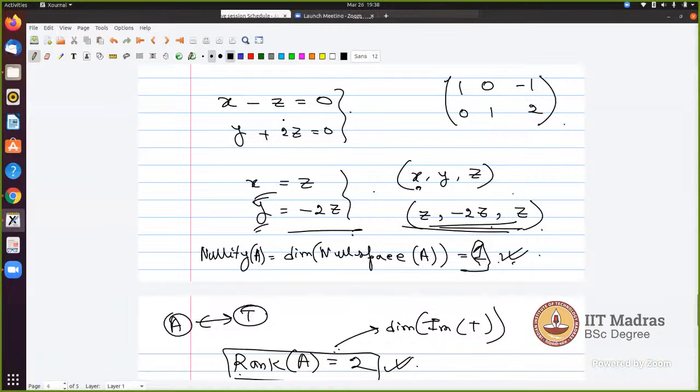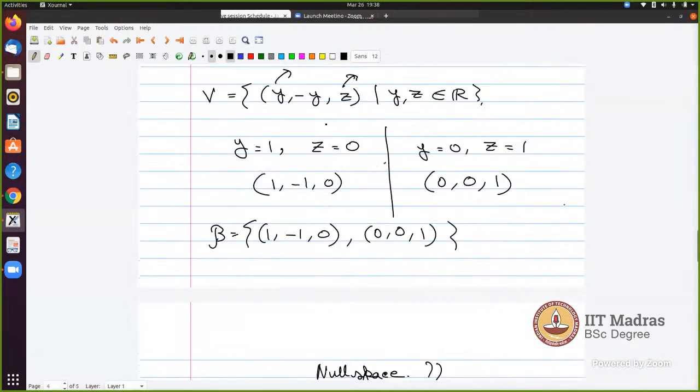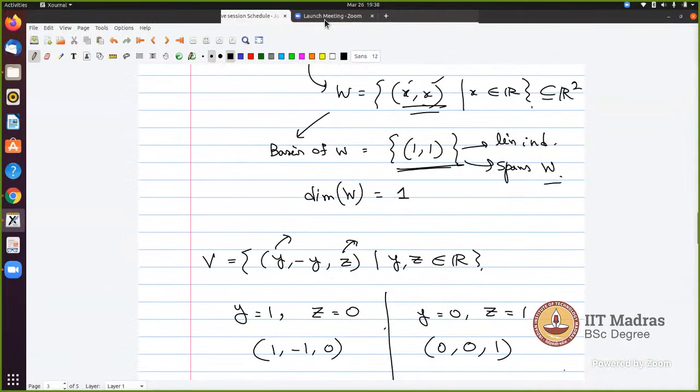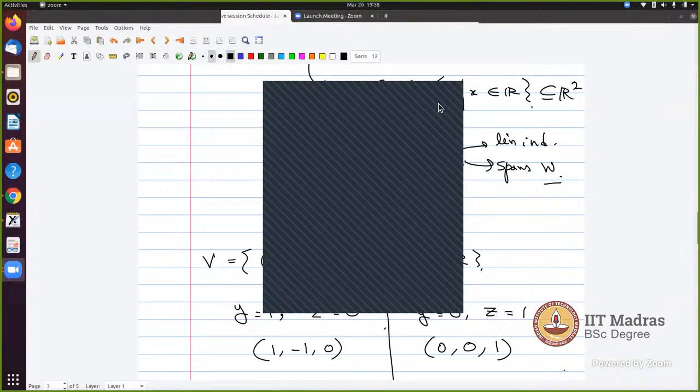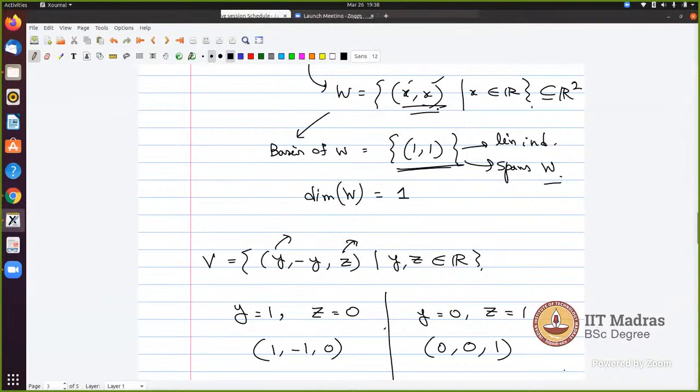Any other doubt? So you can ask me if you have any other doubts, not even in this section, but any doubt from this vector space dimension.